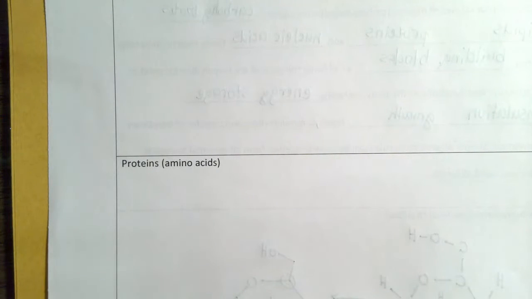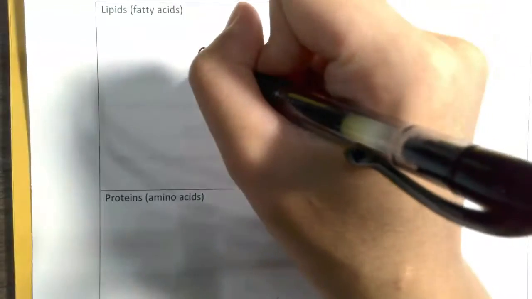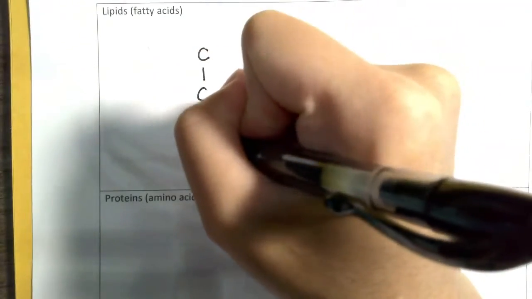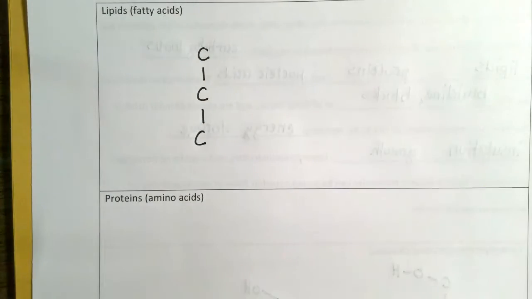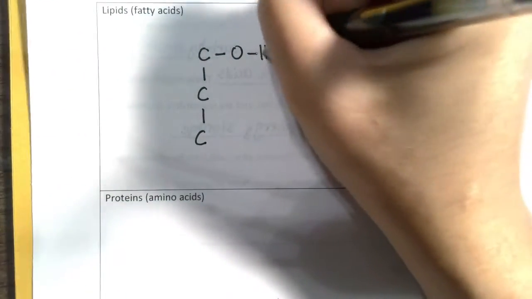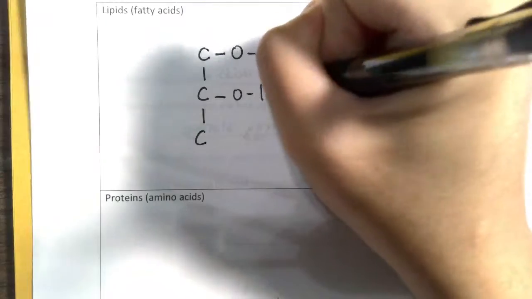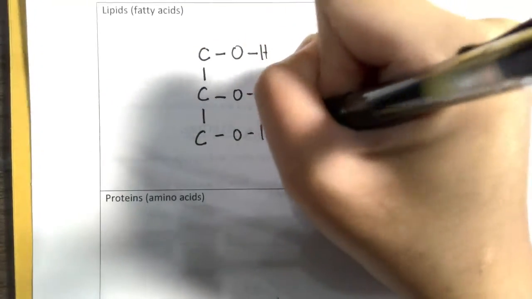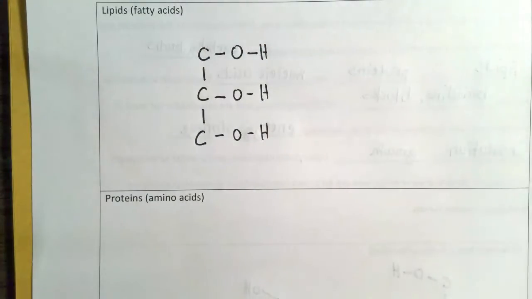Lipids will have this structure. It has a carbon backbone. So we have carbon, carbon, carbon. This carbon will be connected to an OH, OH, OH. And then the rest will be hydrogen.